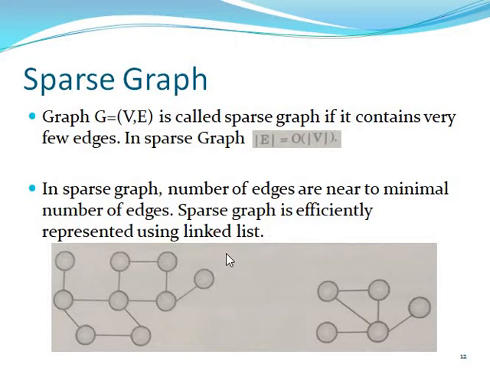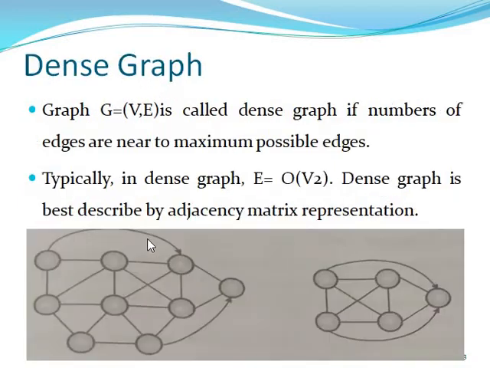So you have seen here these are my connected edges, and these are also connected edges, and the connection is represented as a linked list. So this is called the sparse graph.